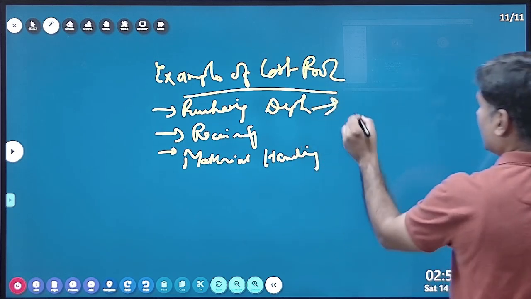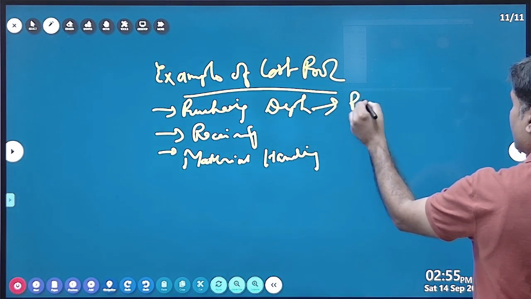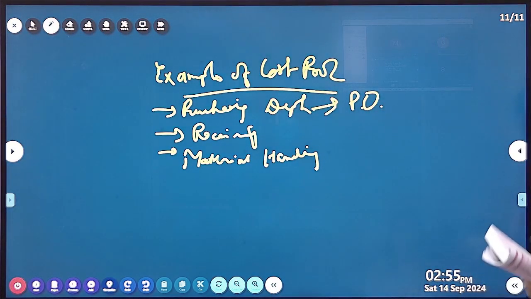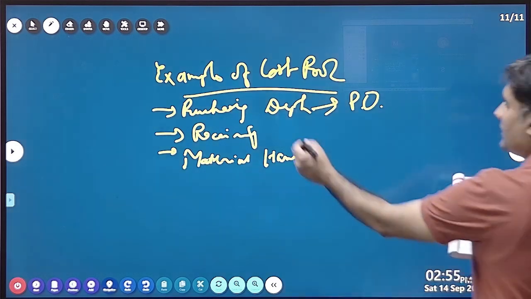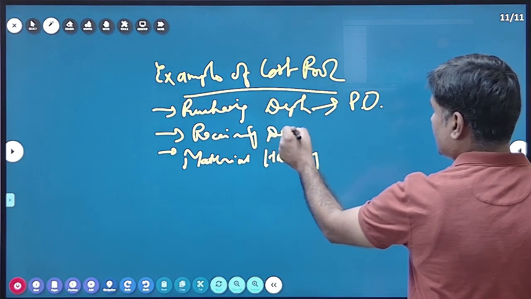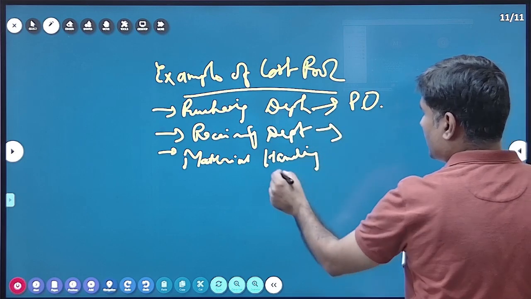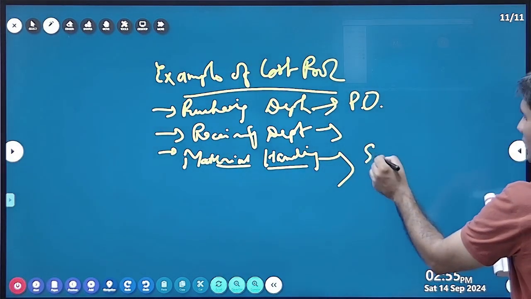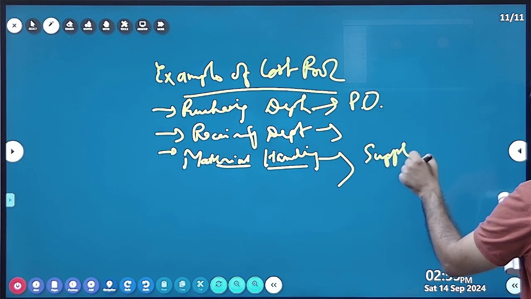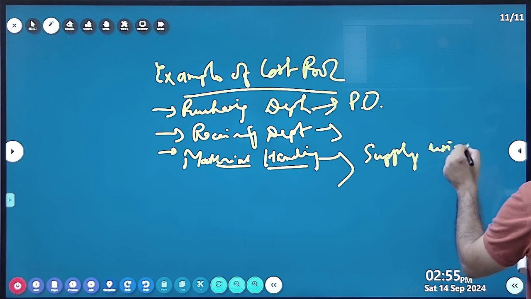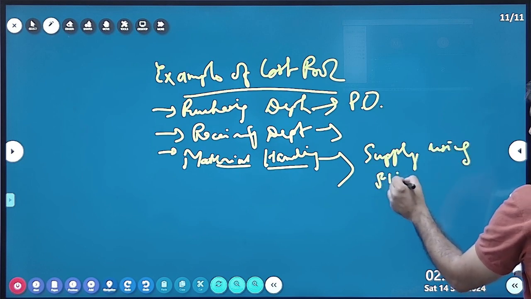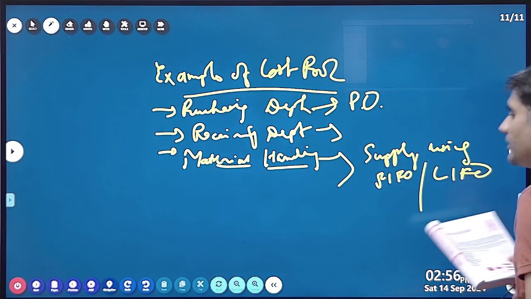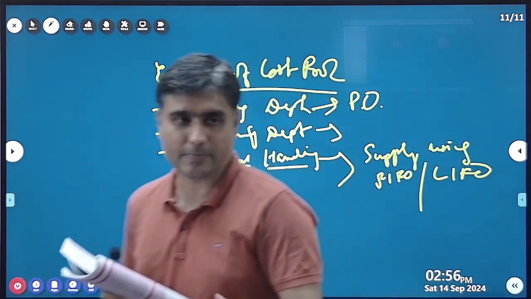Purchasing department will purchase orders. They will prepare the purchase orders. They will get the material for you. Then the receiving department will receive the materials and they will store it. The material handling will handle the materials and supply it to you using FIFO or LIFO, or any other method that is applicable for their company, that is prescribed in their company.